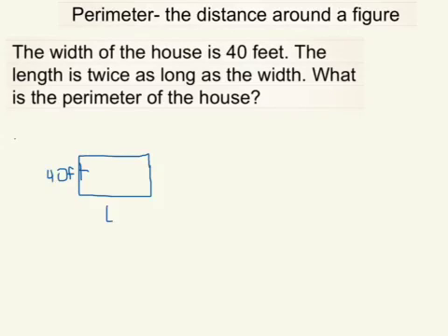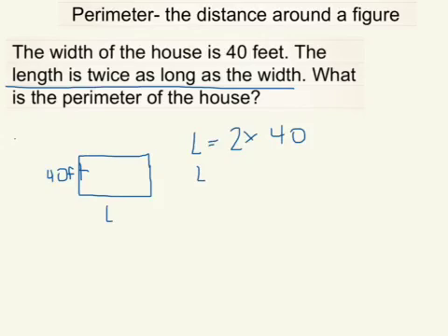The length is twice as long as the width, so I have to figure out what L is so I can find out the other lengths in this rectangle. So the length is twice as long. Twice means 2 times as big. Twice as long as the width is 40.